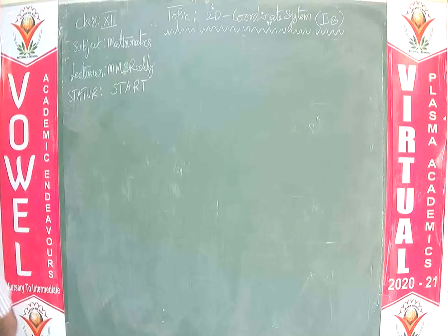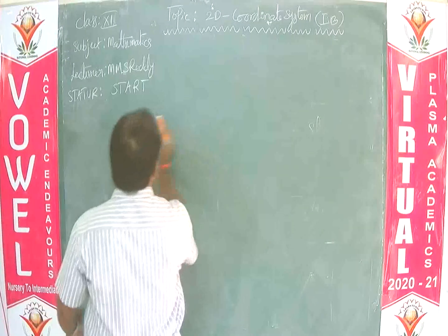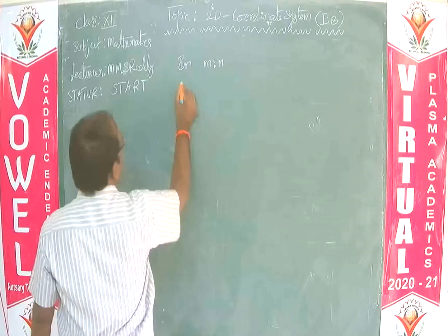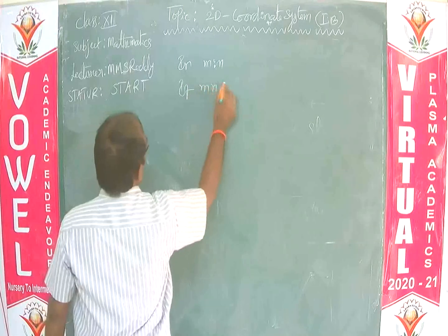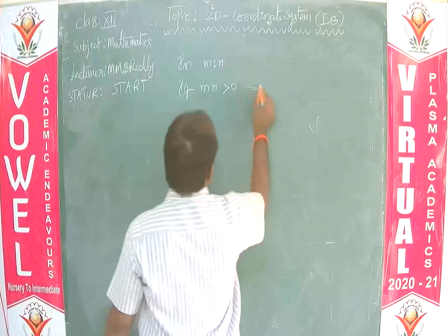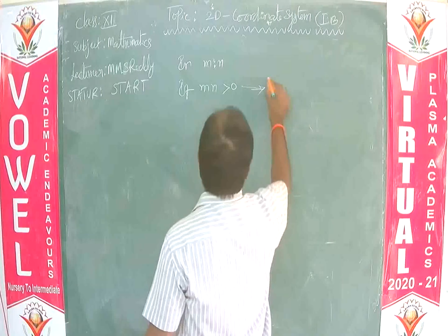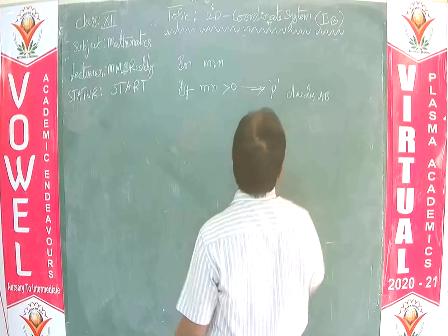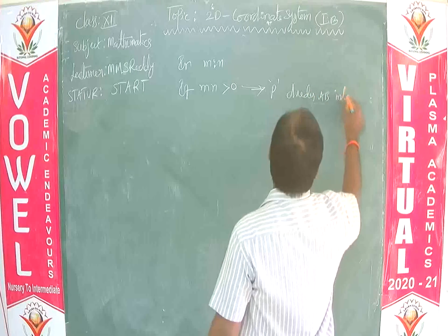Next, in the ratio m is to n, if mn is greater than 0, then the point P divides AB internally.